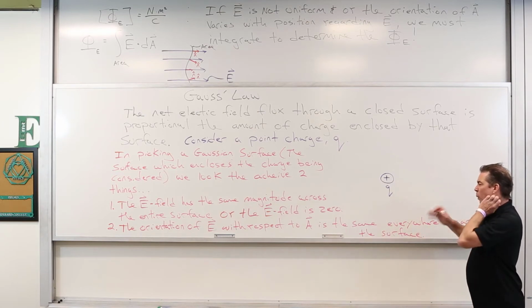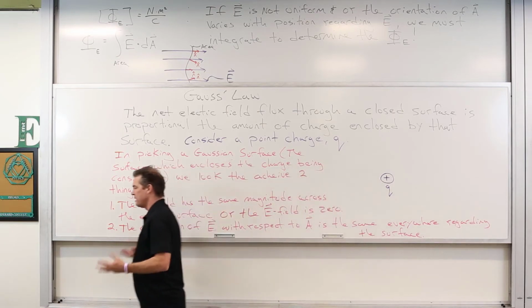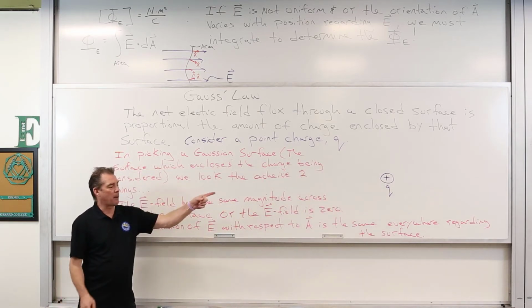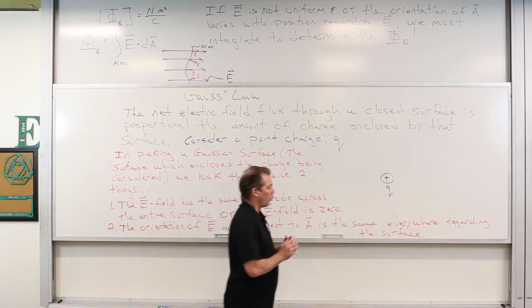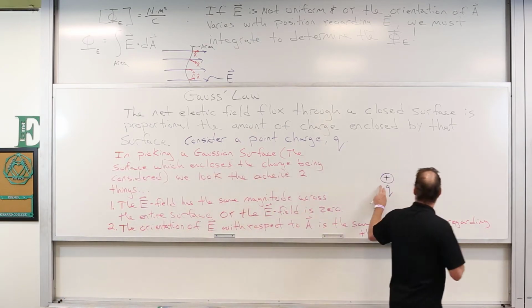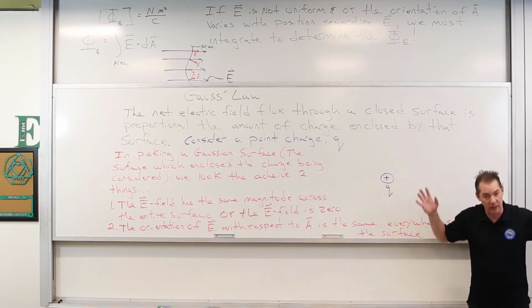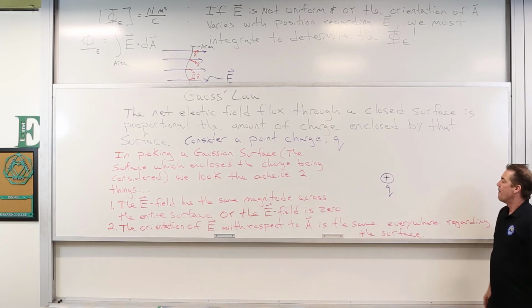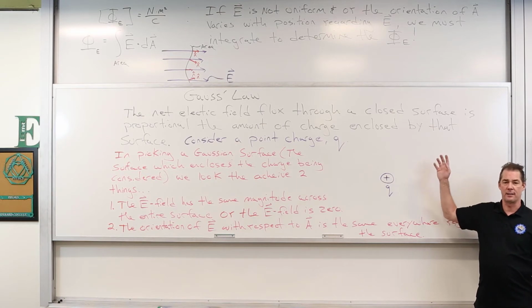Number one, what sort of surface could we have such that the electric field's magnitude is the same everywhere? Well, we know something about a point charge. A point charge has a radially outward directed electric field that varies as 1 over r squared. The further you are away from it, the weaker the electric field is.